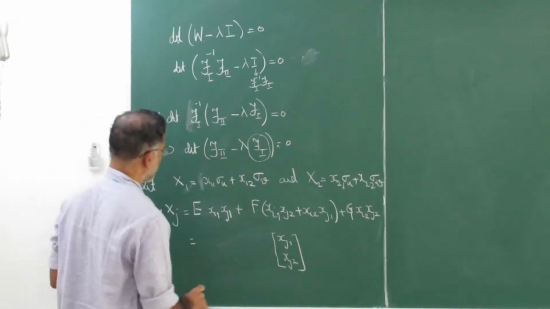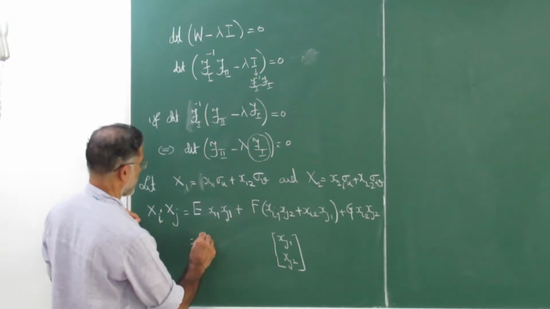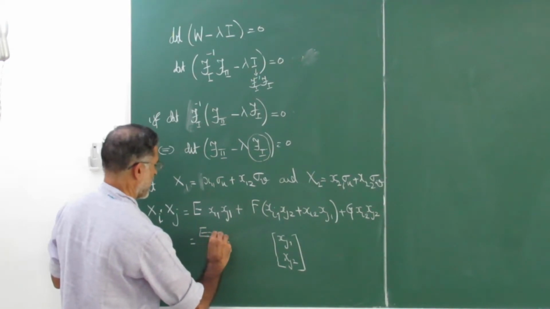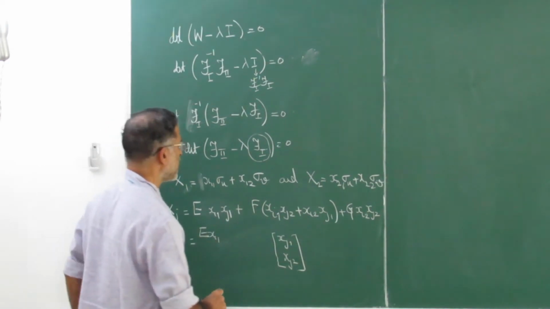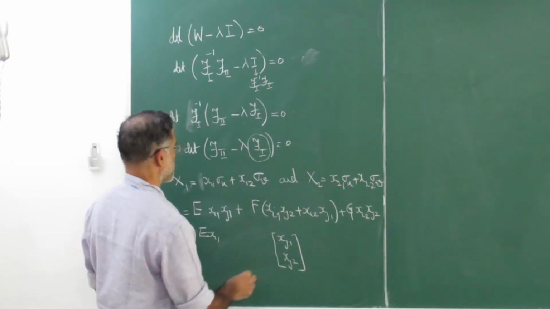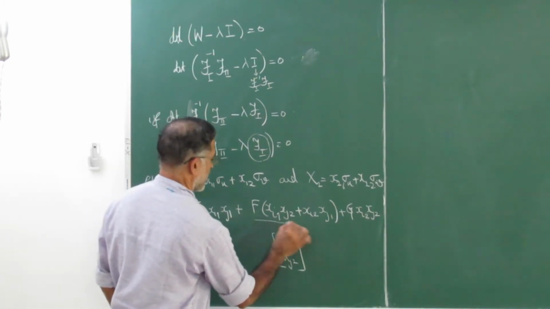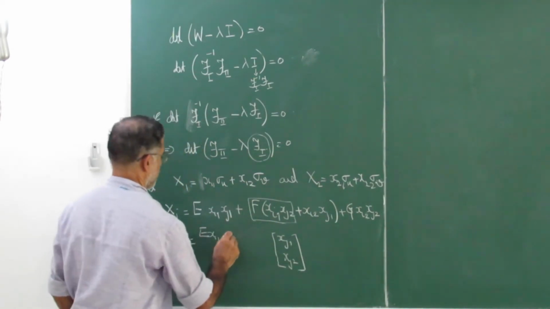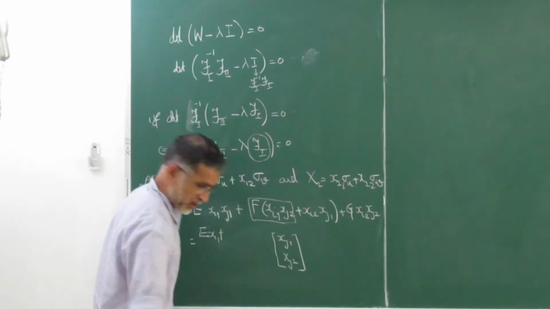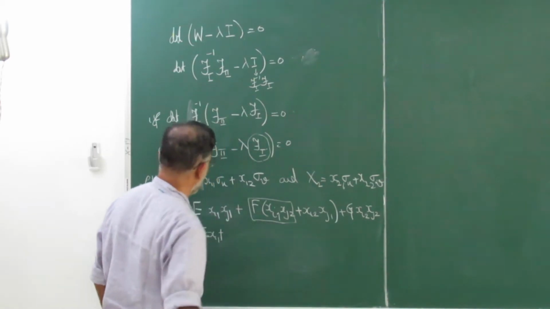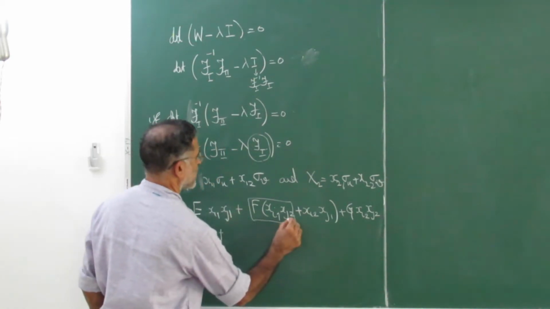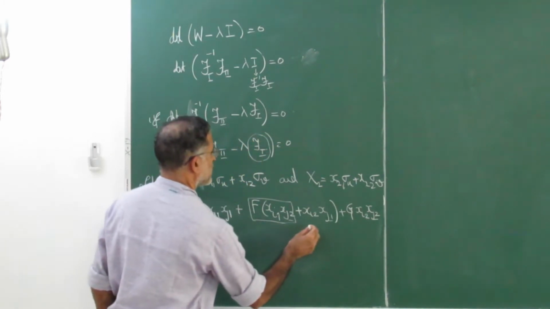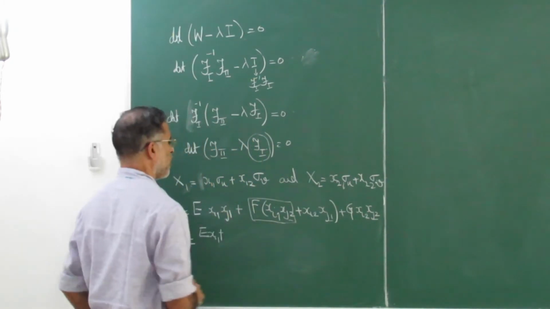So what do you get? This will be E xi1 plus F xi2, into xj1, plus, taking the common factor, F xi1 plus G xi2, into xj2.